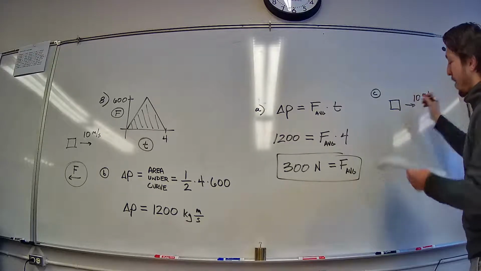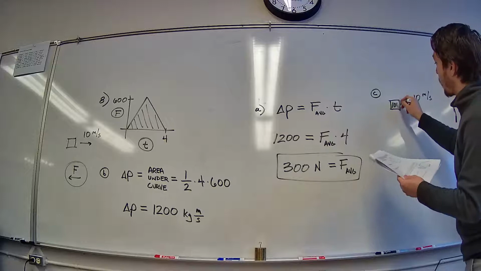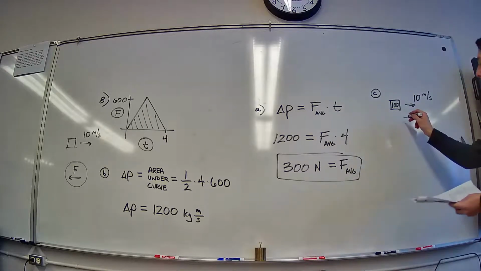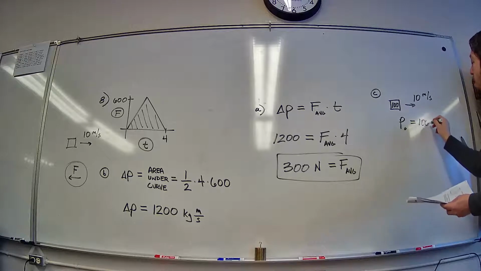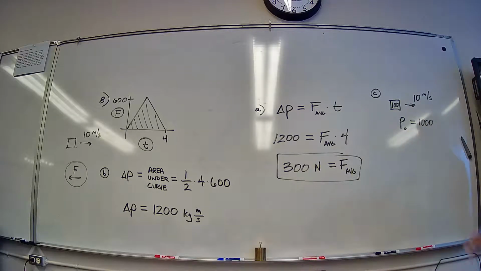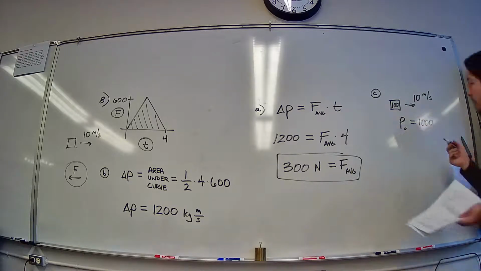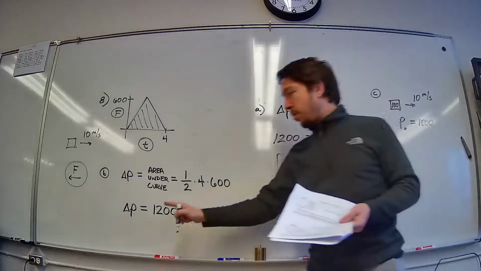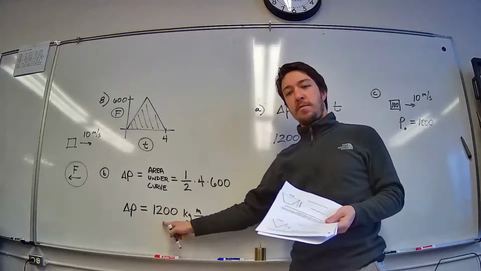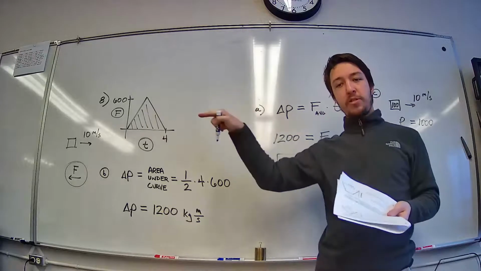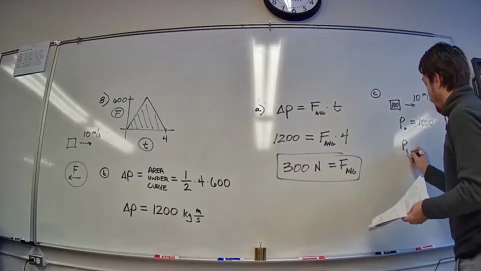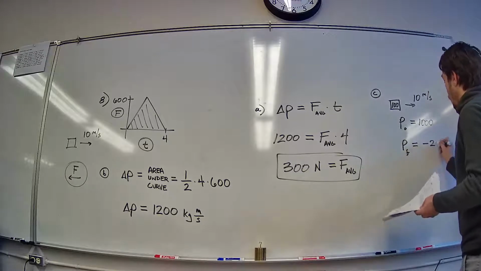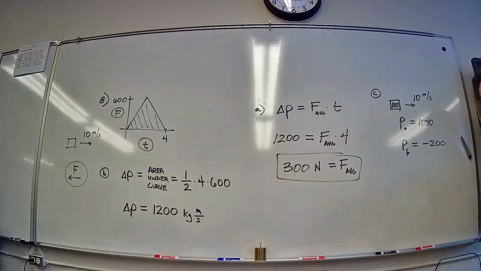If it's going 10 meters per second and the mass is 100 kilograms, how much momentum is that? 1,000, you just multiply those numbers, right? And then the change in momentum was 1,200, but keep in mind, it's in the opposite direction, right? So what's the final momentum have to be then? Negative 200. Is everyone okay with that?